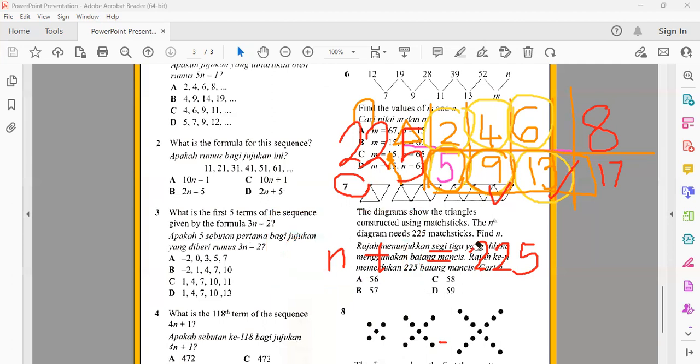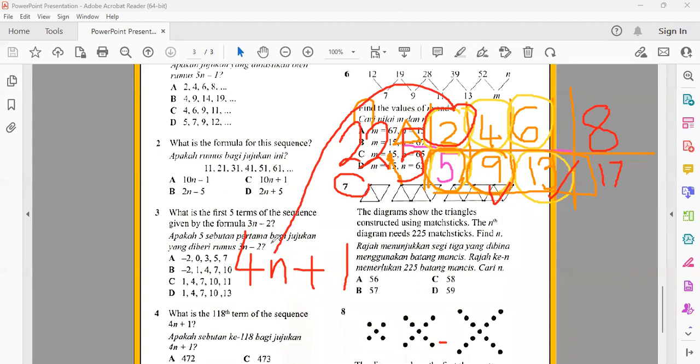Gloria says 4n plus 1 is the formula. Gloria, I'm going to listen to you. So 4n plus 1. So when n is 2, I should have 4 times 2, 8, 8 plus 1, 9. But I only have 5 matchsticks, Gloria.